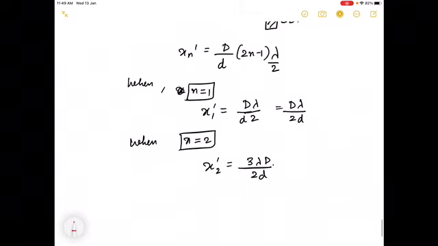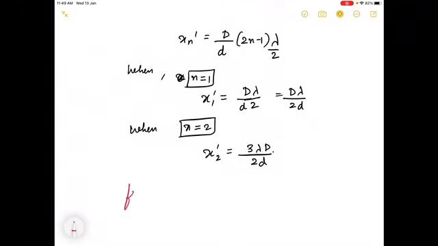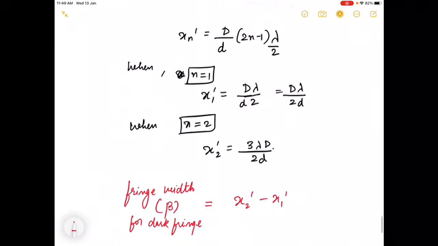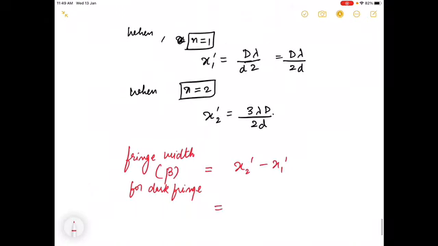So basically fringe width, or I should say beta for dark fringe, is actually equal to, look carefully, x2 dash minus x1 dash. I hope that is clear, right? And that will be simply equal to 3 lambda d by 2d minus lambda d by 2d, right?